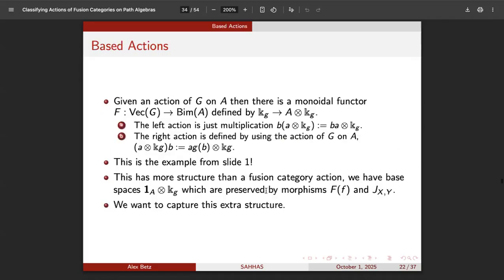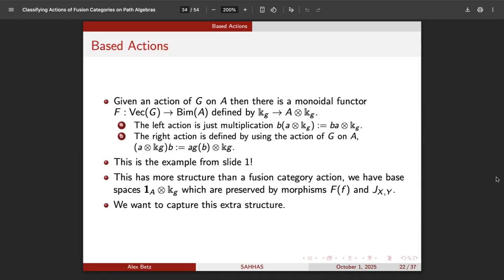Okay, now I want to talk about the kind of actions that we looked at the very beginning. I talked about how if you had a group action, you can create these bimodules that capture the group action in some canonical way. Really what we were doing is that if you were given an action of G on A, you can produce a monoidal functor from Vec G into BIM-A that sends the simple G-graded vector space to A tensor that vector space.